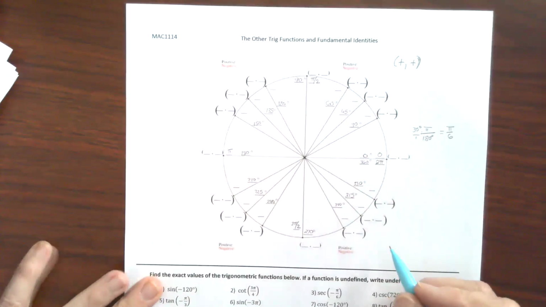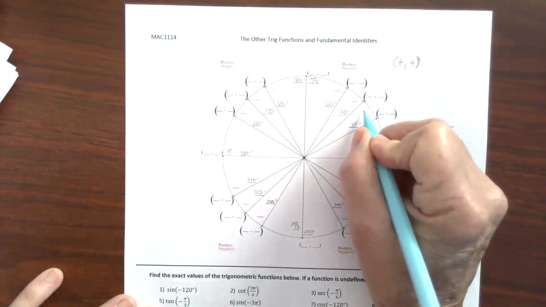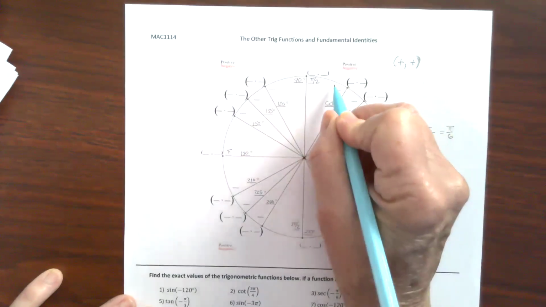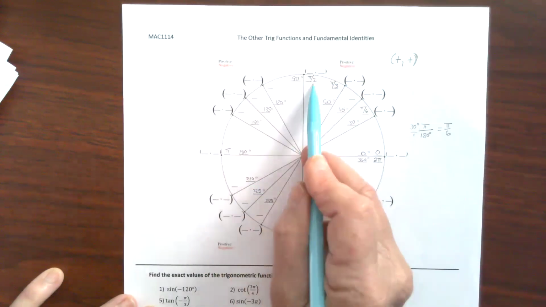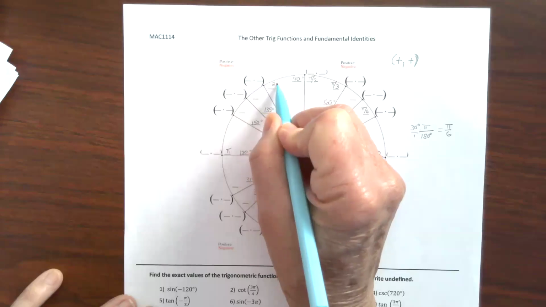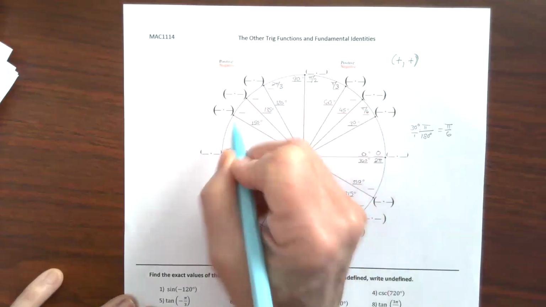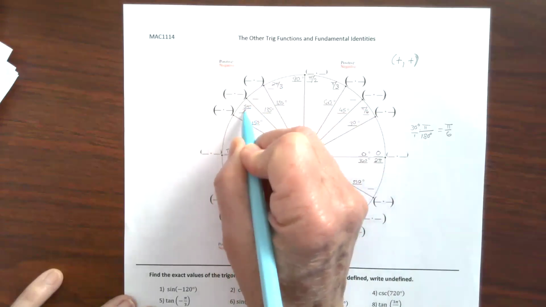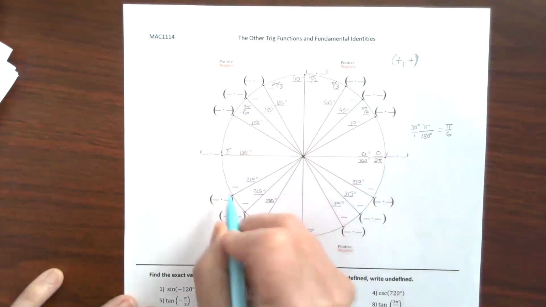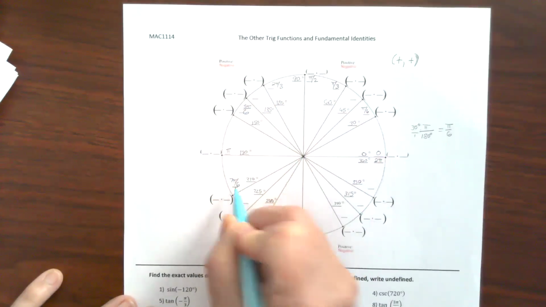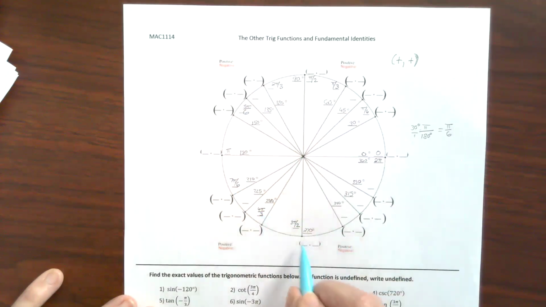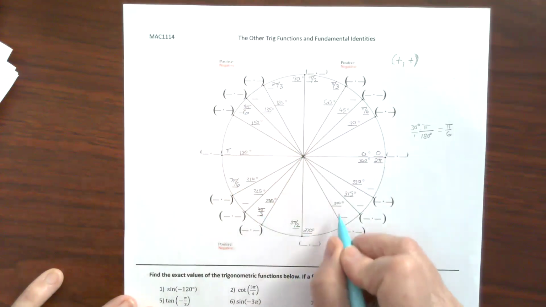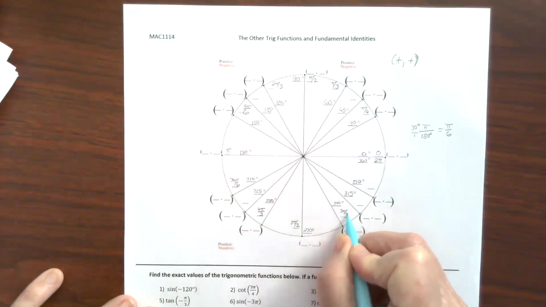Okay. Now 30 degrees. If we go around, 30 degrees is 1 pi over 6. 2 pi over 6 simplifies to pi over 3. 3 pi over 6 is pi over 2. 4 pi over 6 simplifies to 2 pi over 3. 5 pi over 6. 6 pi over 6 is pi. 7 pi over 6. 8 pi over 6 simplifies to 4 pi over 3. 9 pi over 6 simplifies to 3 pi over 2. 10 pi over 6 simplifies to 5 pi over 3.